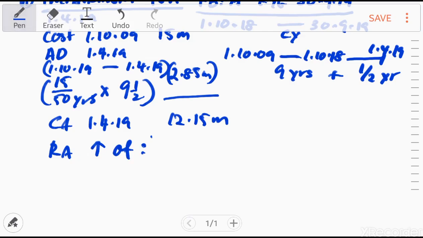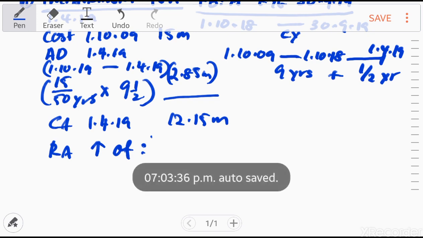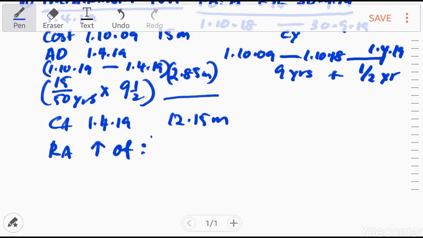However, let's say fair value less cost to sell is not given, they just give you the value in use, you straight away take the value in use. And that's also the same case if value in use is not given, but they just give you the fair value less cost to sell, you take the fair value less cost to sell. However, in this question, you will notice that both are given, so you'll take the higher between the two.